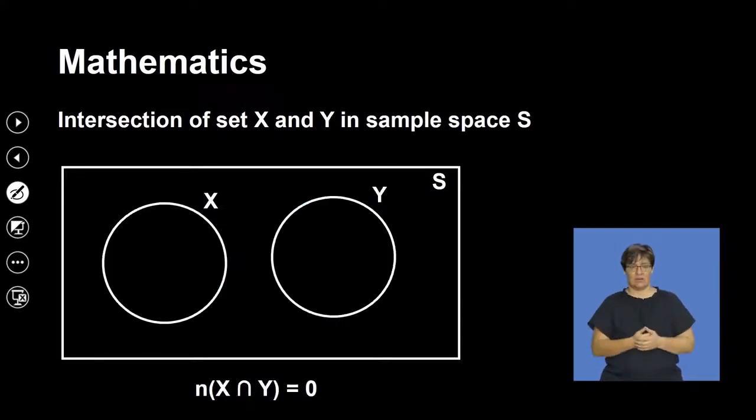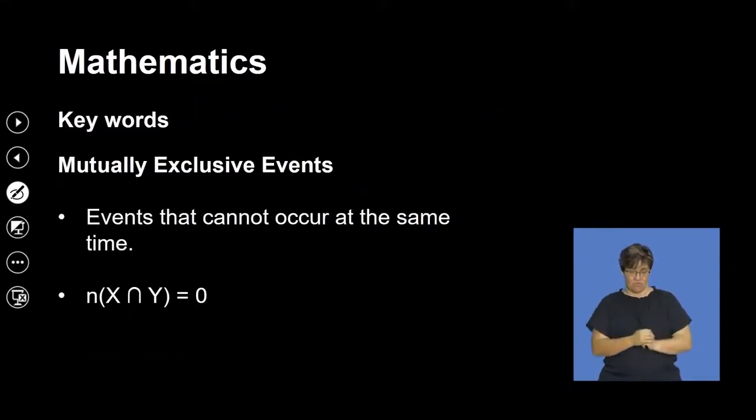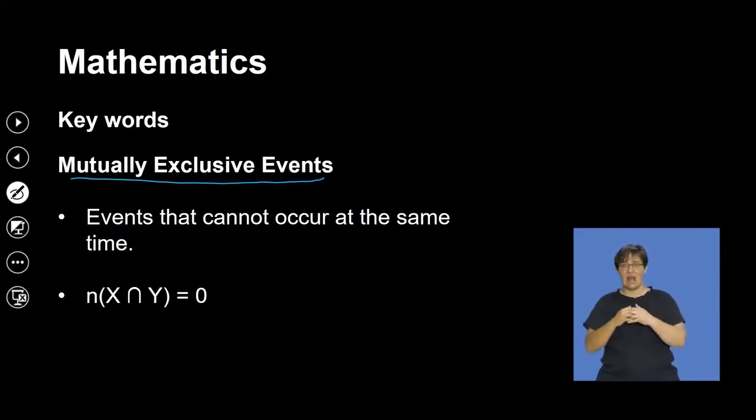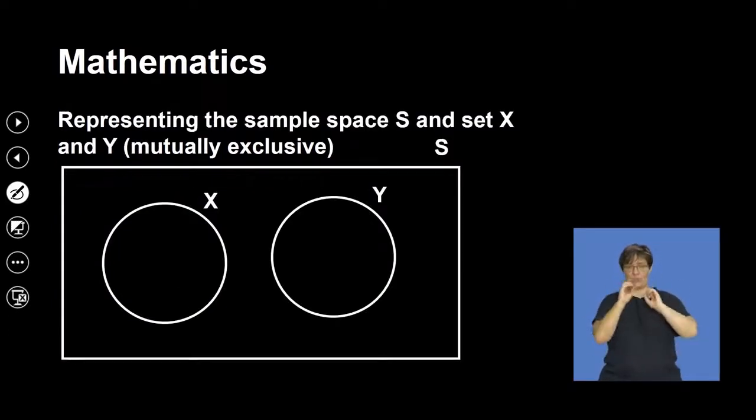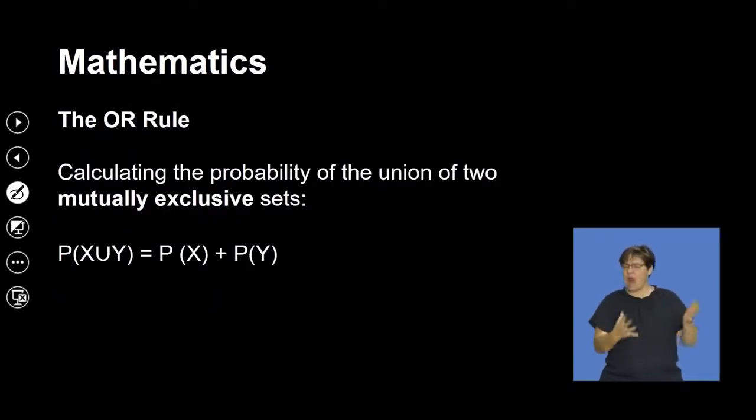But we can have a situation like this one, where there is no overlap. The intersection is equal to 0. When this happens, we say that these events or sets are mutually exclusive. They cannot happen at the same time. The intersection is 0, and so we can represent it like that, as we've seen.